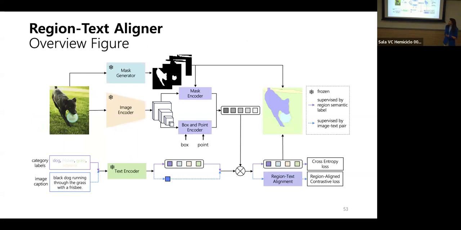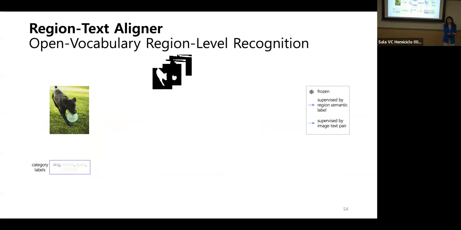This is an overview of our method. We have two learning objectives that I will now explain in detail. For the segmentation and detection datasets, we have these inputs: the image, the category labels, and the segments, bounding boxes, or points.